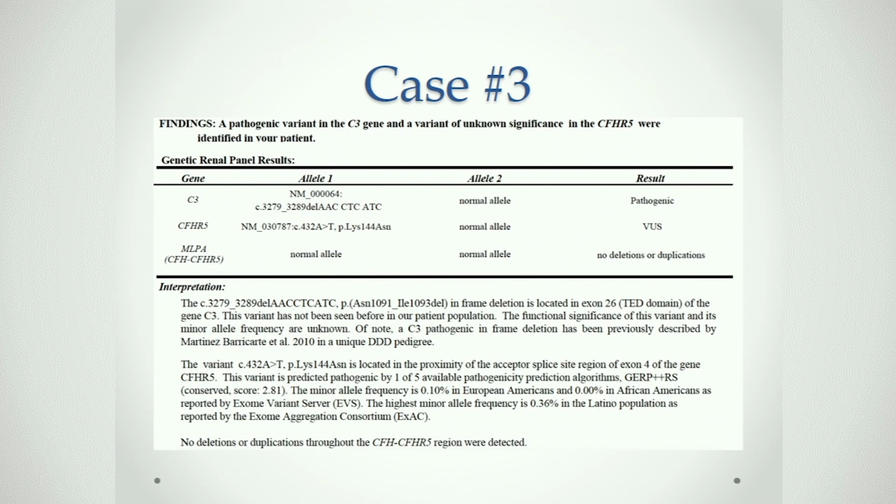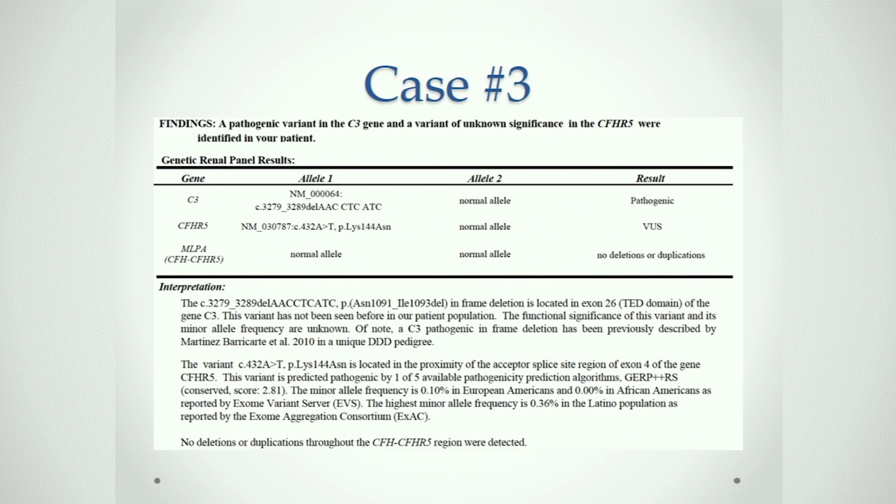So we went from that point to asking, is there a possible genetic abnormality in this woman because she had presented so young? And what we found was that she had 2 likely mutations. The first one, and probably the most significant, was that she had a 3 amino acid deletion in her C3, which is predicted to be pathogenic based on a number of databases that are available for this.